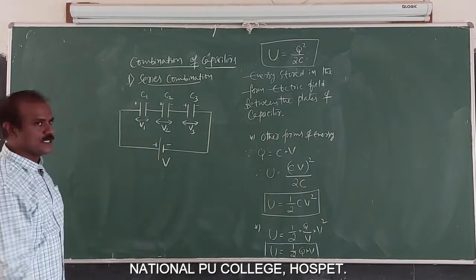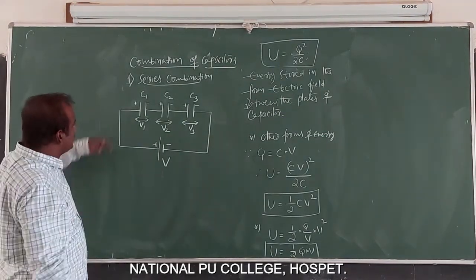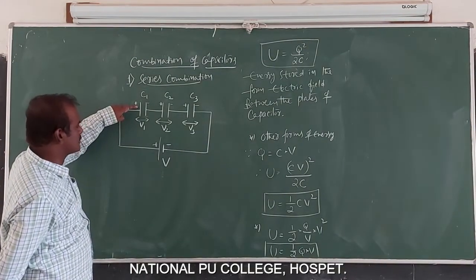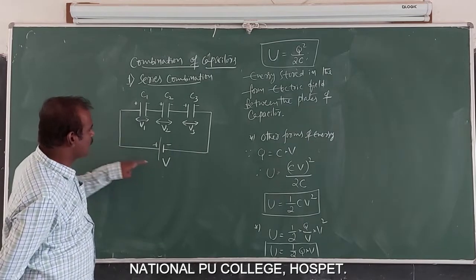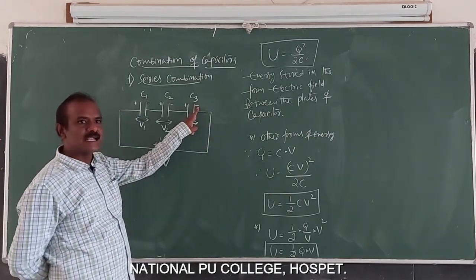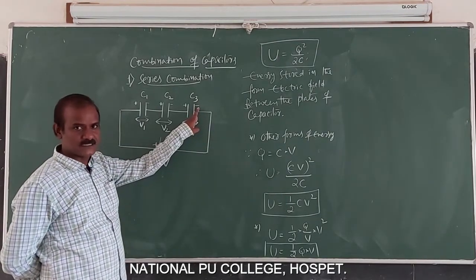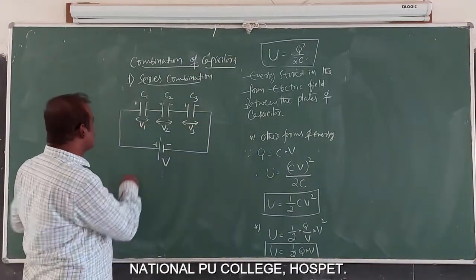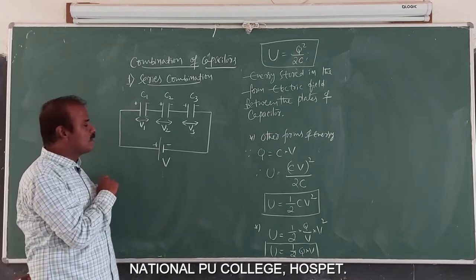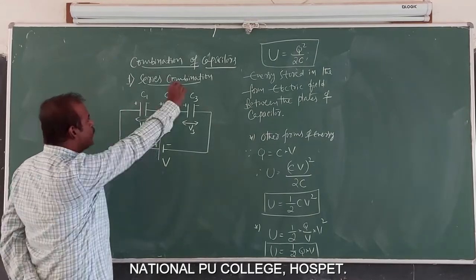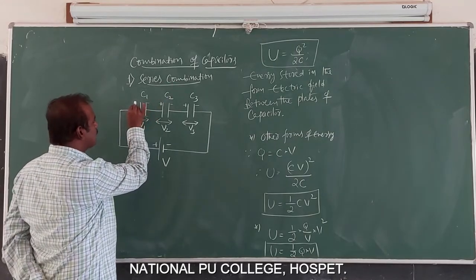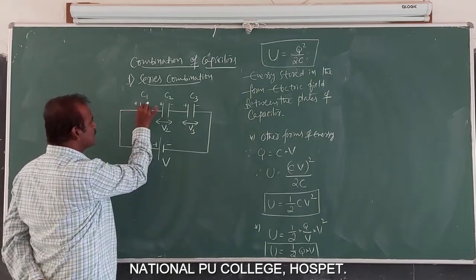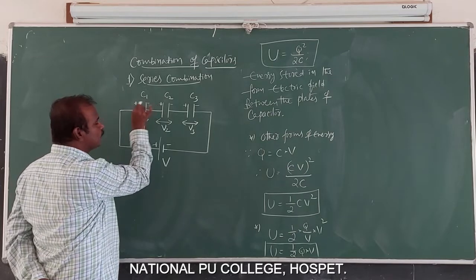Remember, students, what is the mechanism? The negative charges, electrons from the first plate of the first capacitor are transferred and deposited on the second plate of the last capacitor. And this is possible because of the presence of a battery. So obviously, when electrons are lost by this plate, by the method of induction, the next plate will become negatively charged.